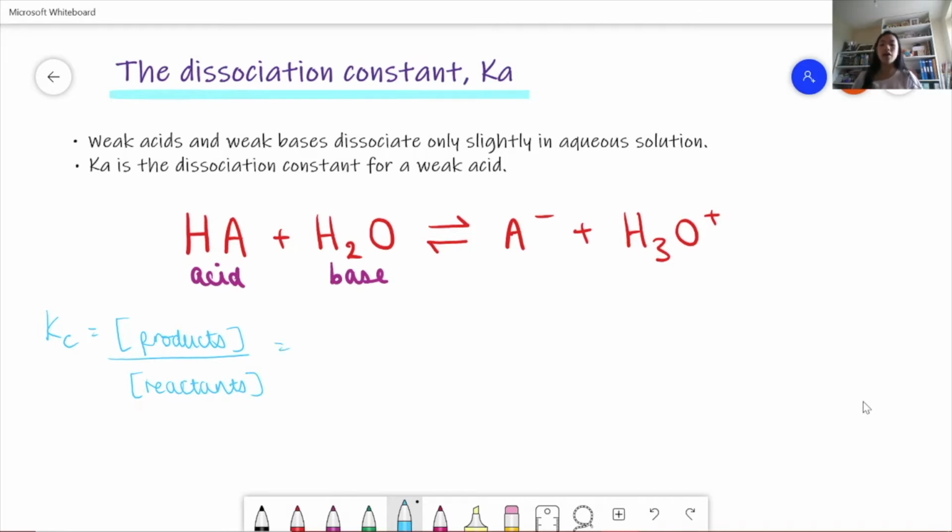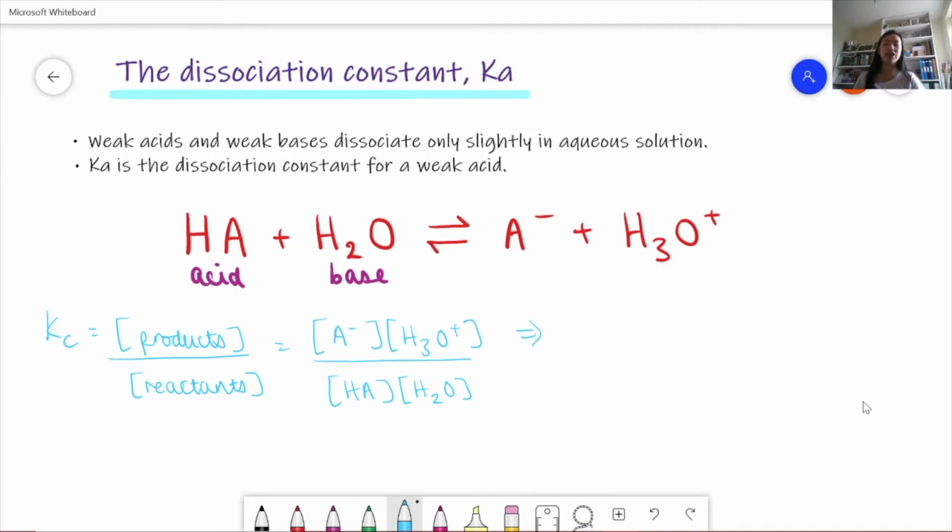And so the Kc for this reaction would be equal to the concentration of A minus multiplied by the concentration of H3O plus divided by the concentration of HA multiplied by the concentration of H2O. Now the concentration of H2O is again a constant, like it was when we were trying to work out the ionic product of water. And so that goes into the constant.